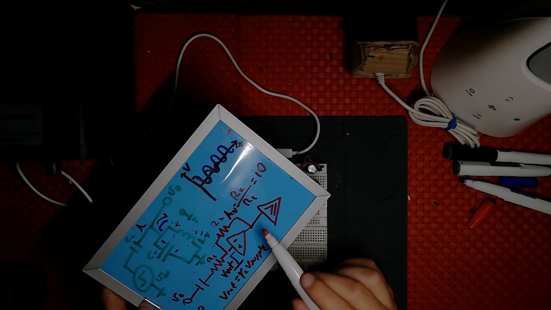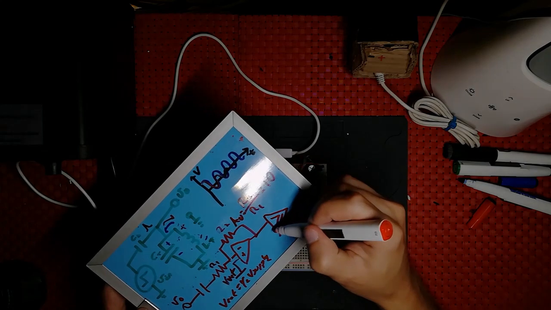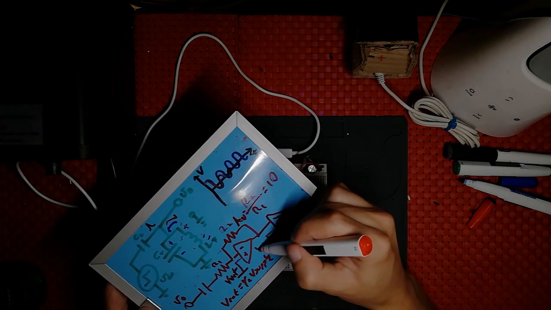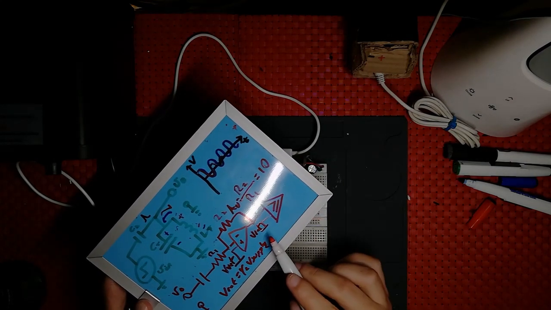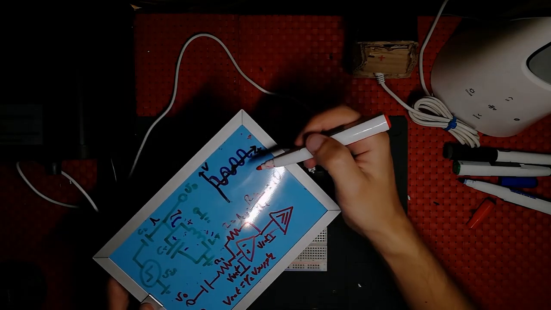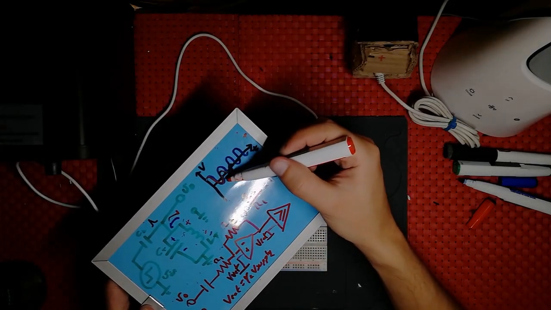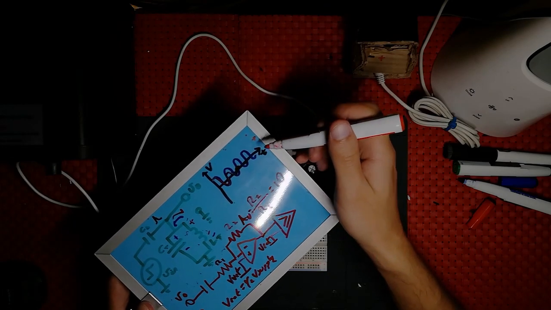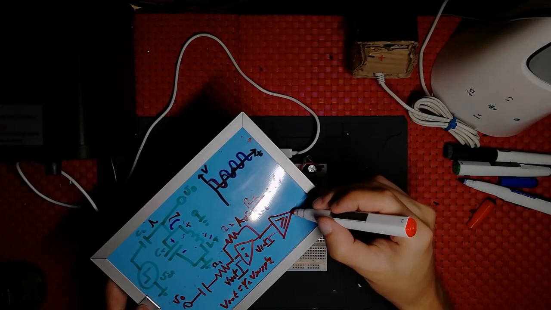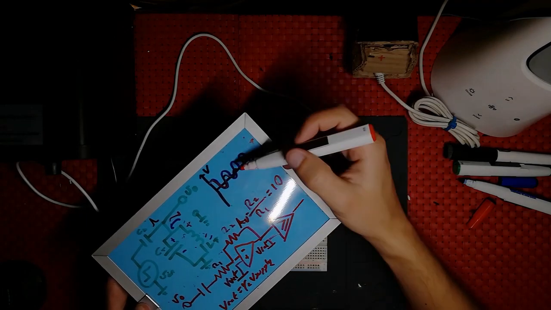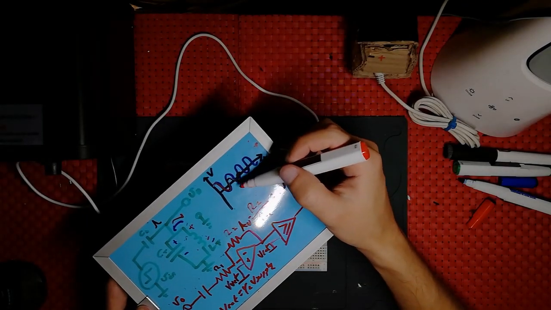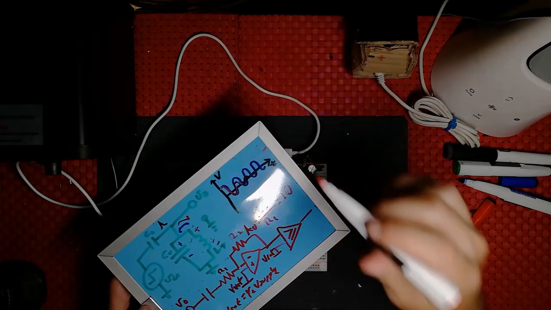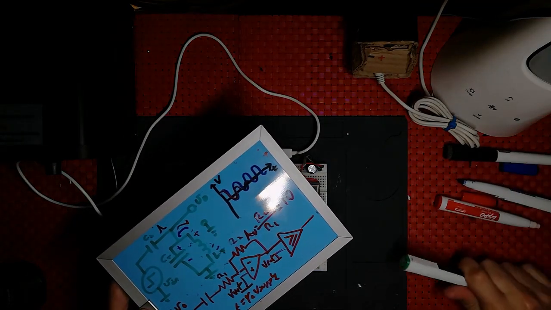And the output of this op-amp is going to a comparator, and it's going to change when this value goes below and higher than the voltage reference. So if it's below, it will do nothing. If it's over, it will output something like this in green.